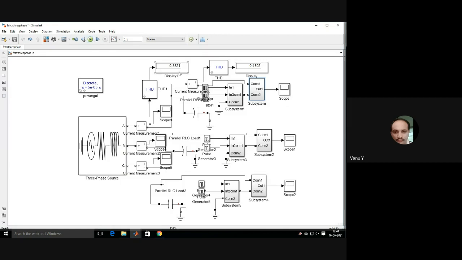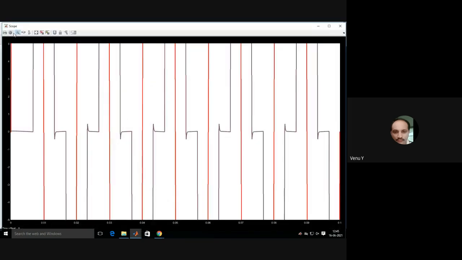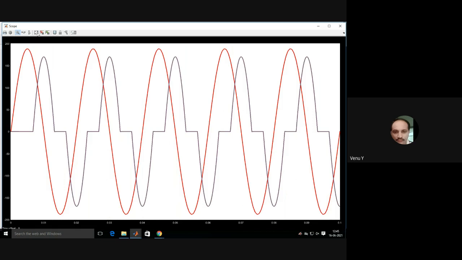48.92, 33.21. This is the THD percentage of TCR as well as of I. This is the voltage and current of phase A or R phase. You can note down this.